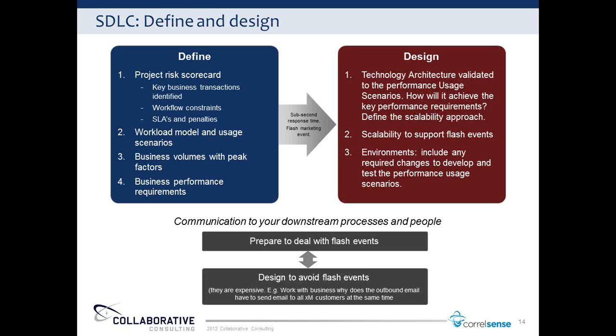There may be a workflow for placing an order in a brokerage firm. The business volume should be known. You should understand the peaking factors, and then of course, the business performance requirements. And there may be sub-second response time. There may be a plan for big events, and so that needs to get communicated downstream into the design team, which is where the architecture team starts to take effect.